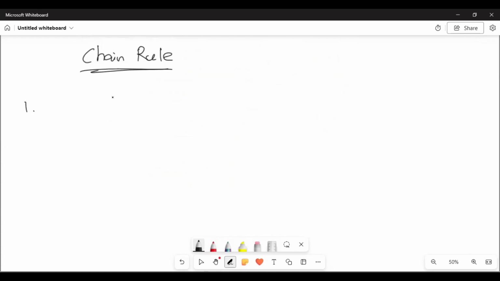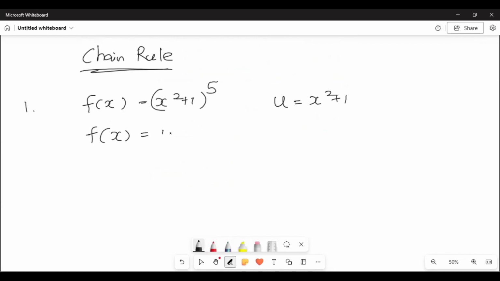Question number 1. f(x) equals (x to the power of 2 plus 1) to the power of 5. We can assume u equals x to the power of 2 plus 1. So we can write it like this: f(x) equals u to the power of 5. Now f'(x) is going to be 5 times u to the power of 4 times u'. So u' is going to be 2 times x.